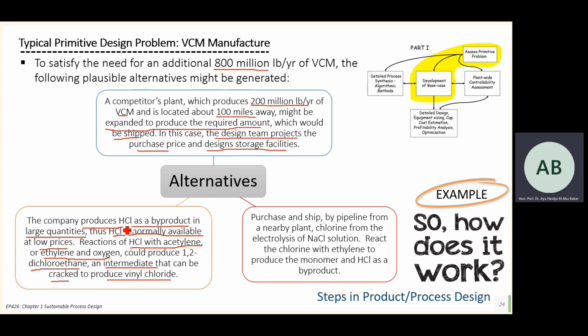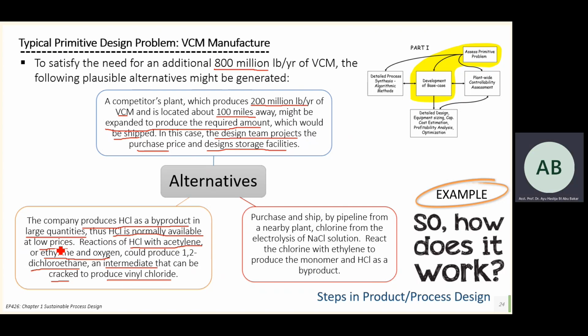The company produces HCl as the byproduct in large quantities. If they sell the HCl, it will be at low price. The current market for HCl is at low price.